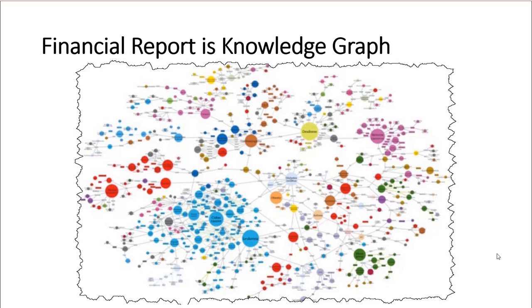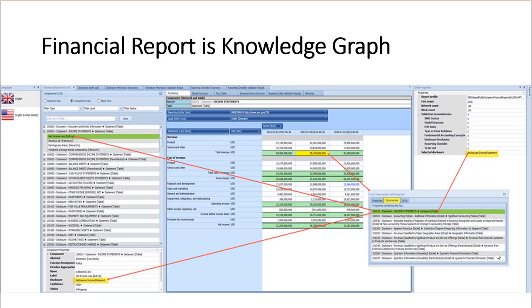But you can take that information and convert it into something like that. You see in this graphic, which is basically a financial report, and you have all the connections, and it's machine readable, and you can work with the fragments of the report, and basically it's a digital financial report.